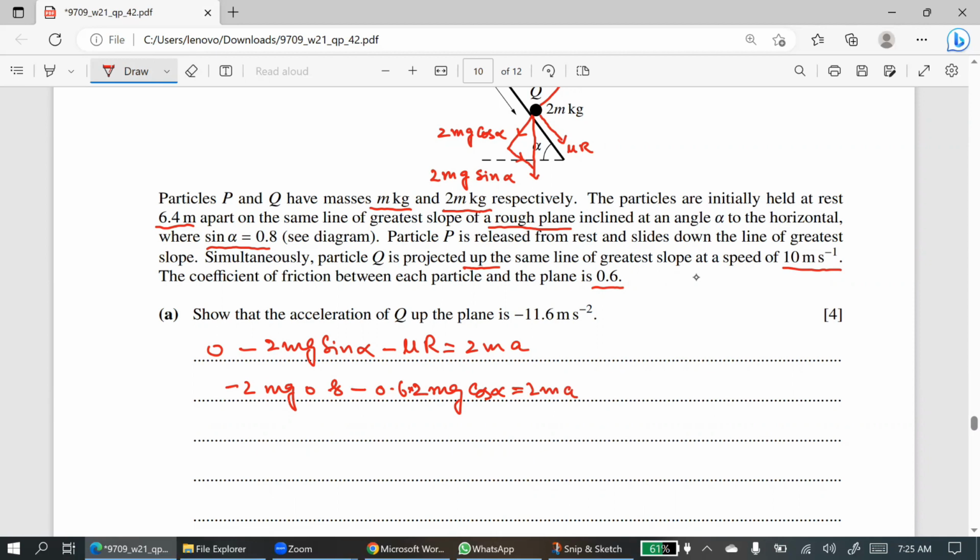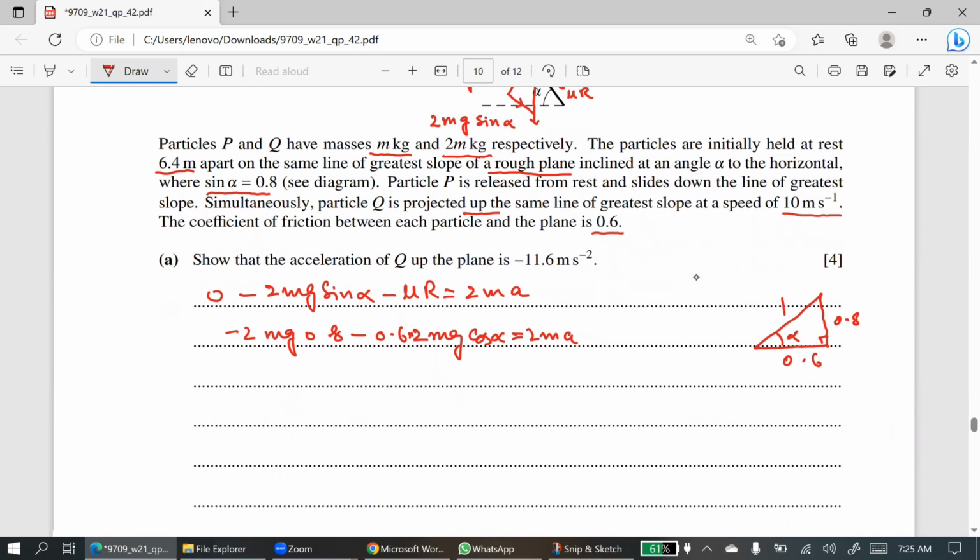Is equal to 2m a. Now we will find out the value of cos alpha. We will draw a right angle triangle. This angle is alpha. Sin alpha is 0.8 over 1. So with the help of Pythagoras, this length is 0.6. So cos alpha is equal to 0.6.